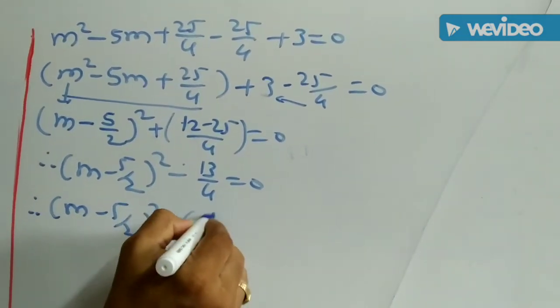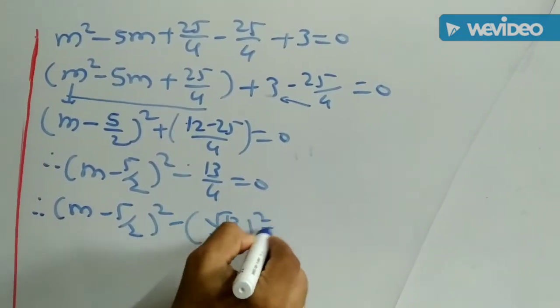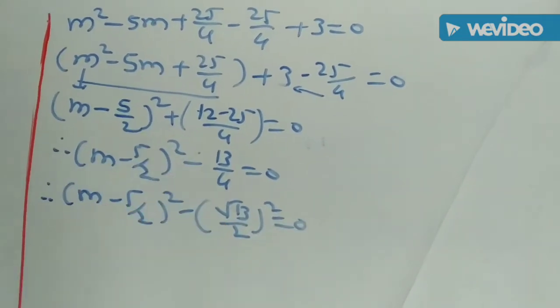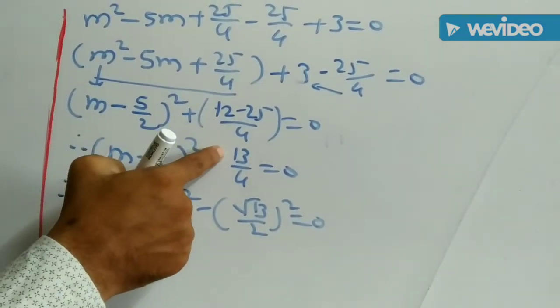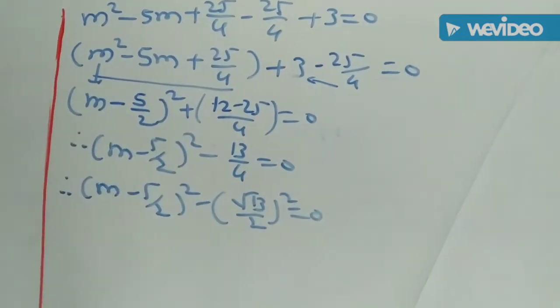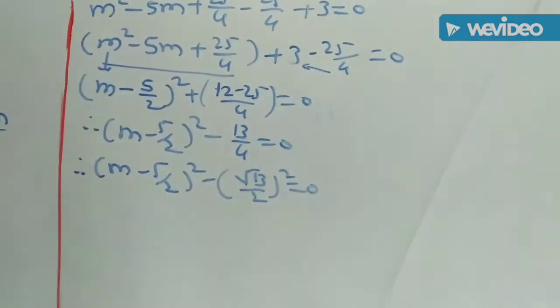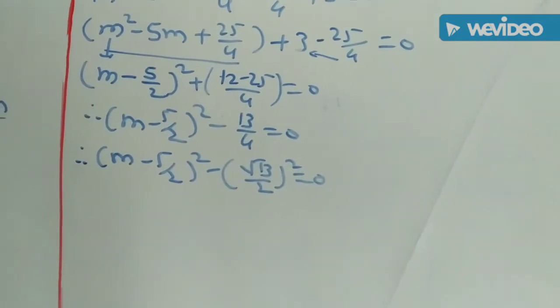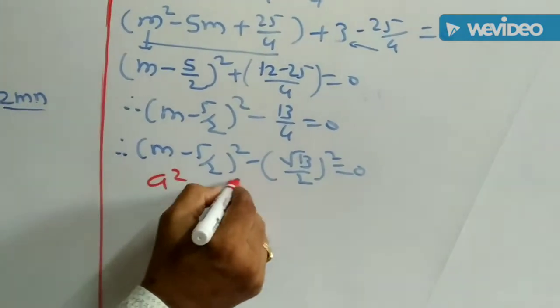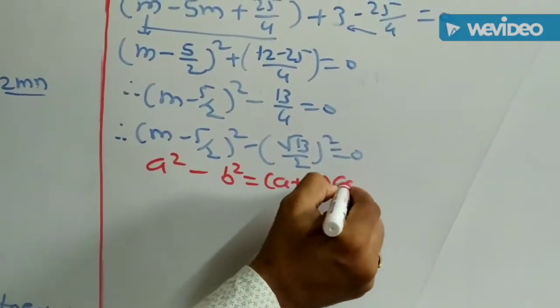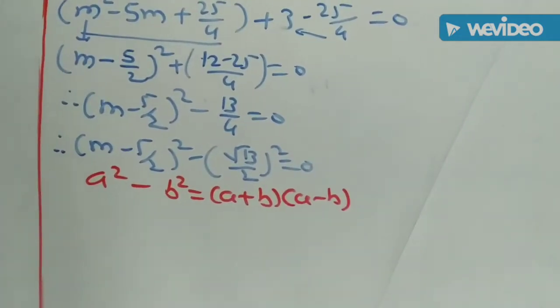Now 13 upon 4 is the square of root of 13 upon 2. 13 is not a perfect square, therefore I write root of 13; the square root of 4 is 2, bracket square. Now it is in the form of a square minus b square, therefore write in the form (a plus b)(a minus b).